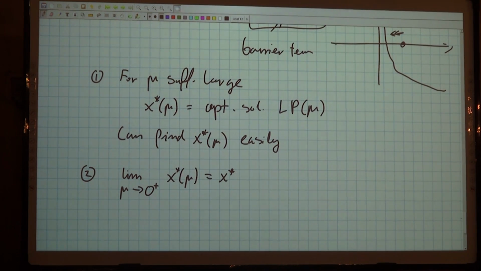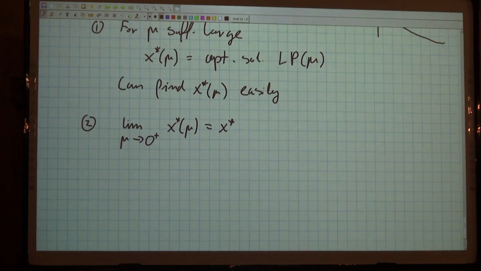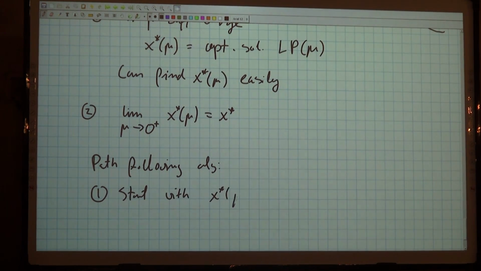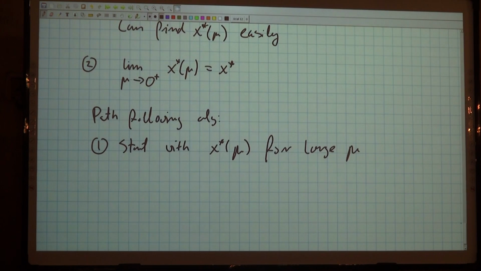Okay, and this actually gives me an idea for an algorithm. This is called a path following algorithm, in which what I do is start with x star mu for large mu. And then I just repeatedly refine it.